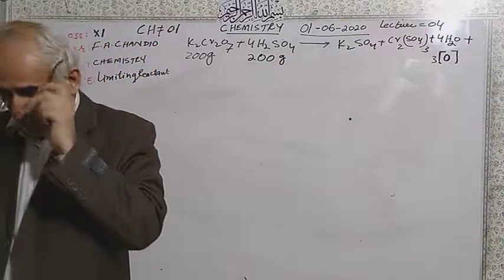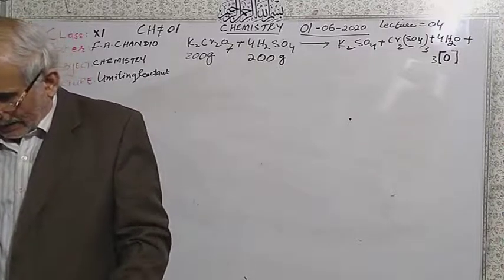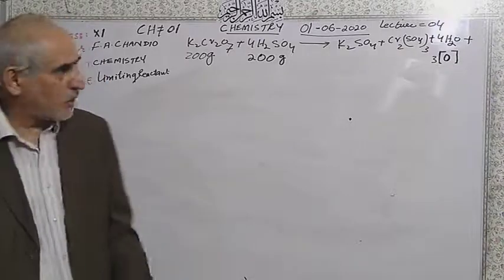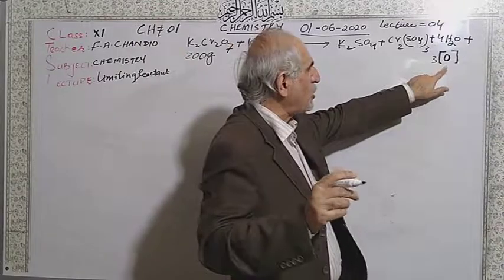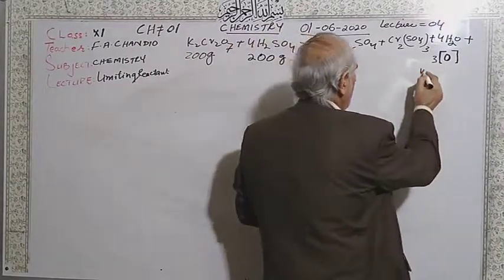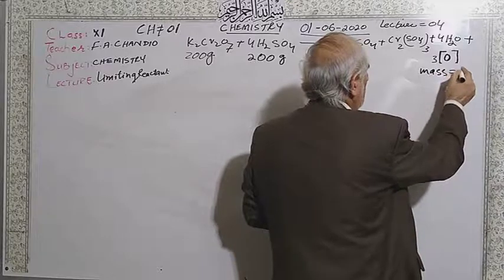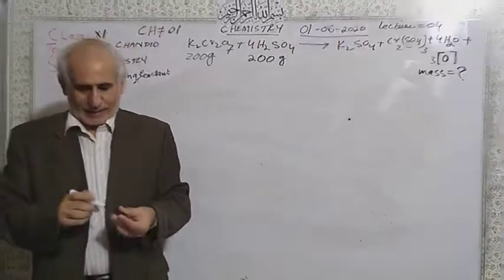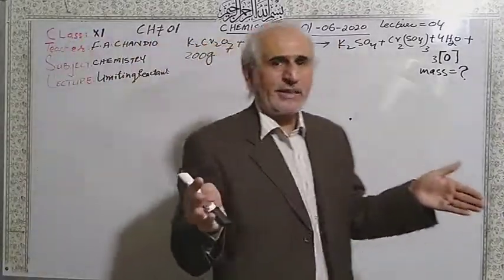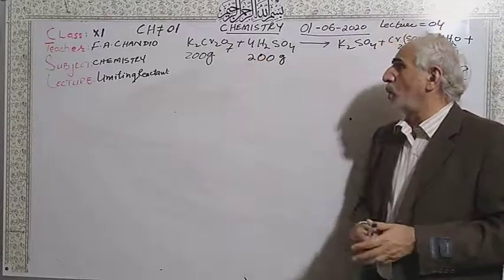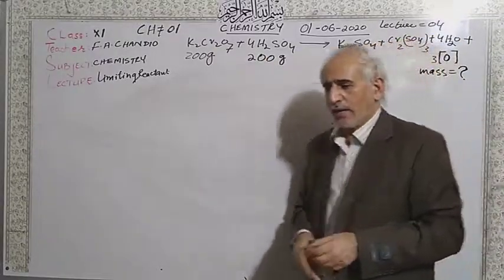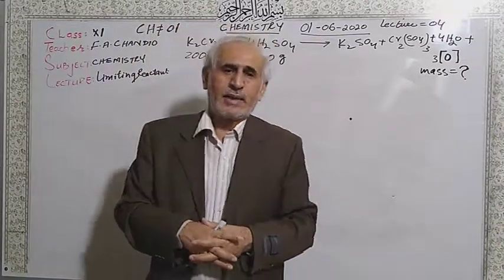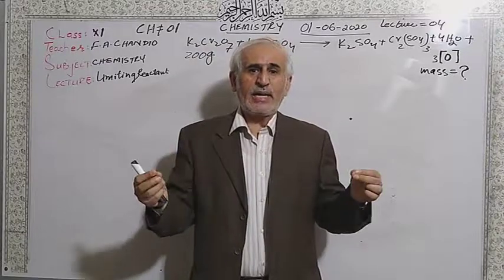As I told you before in the previous example, calculate the mass of the atomic oxygen, nascent oxygen. Identify the limiting reactant, which one is a limiting reactant from the both. And also he said, calculate the amount of non-limiting reactant, the reactant left behind.